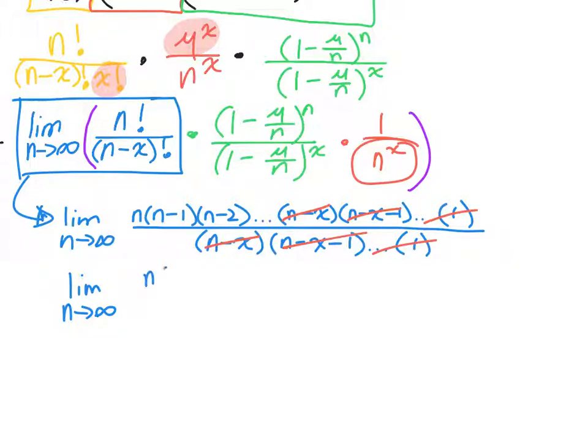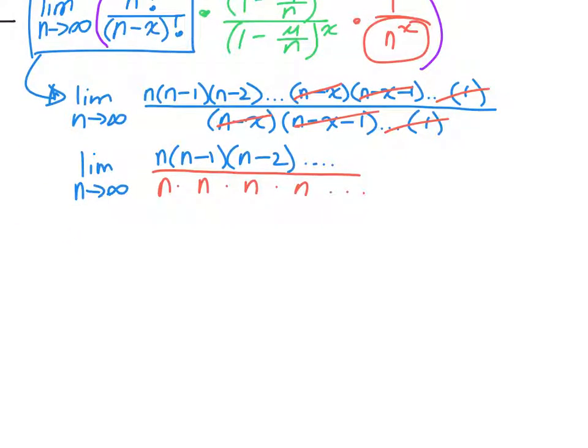I would have n times n minus 1 times n minus 2 times... Let's say you didn't even consider the fact that I needed the value that preceded the n minus x, you could still figure it out, because on the bottom I have n to the x power, which is going to be n times n times n times n, as many times as there are x values.